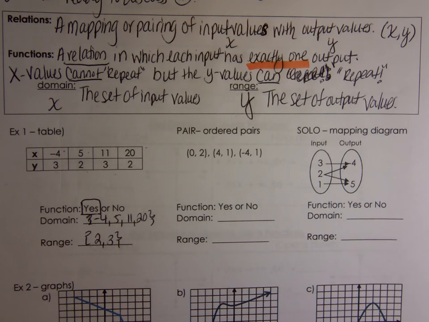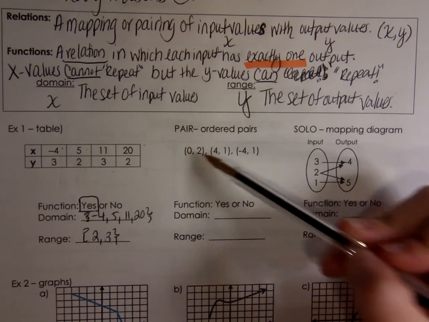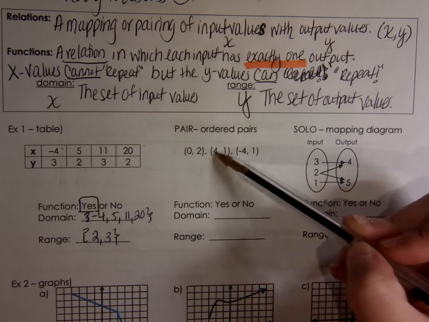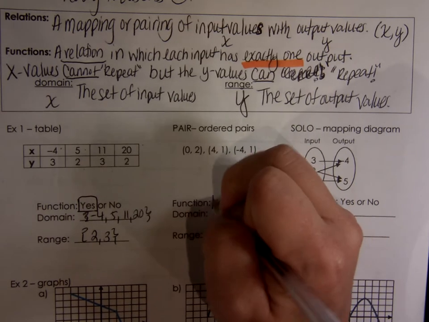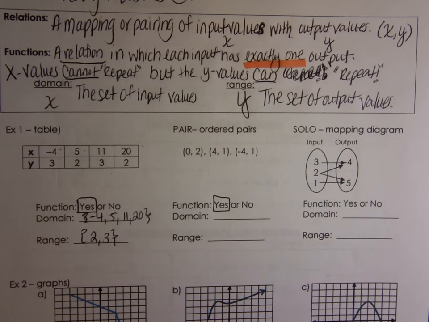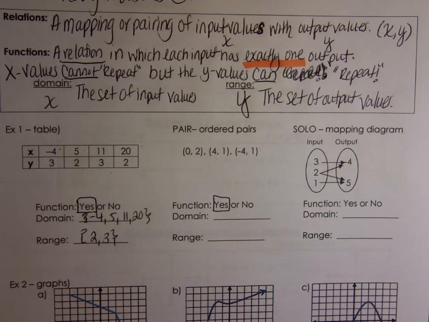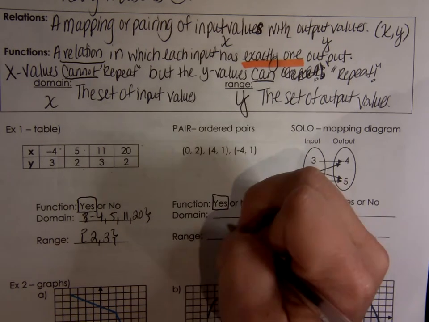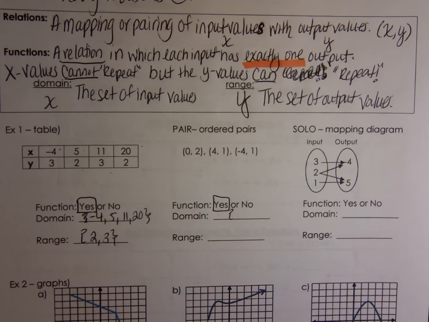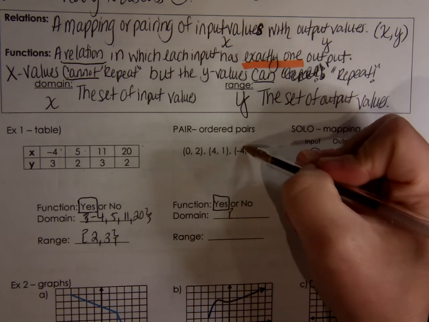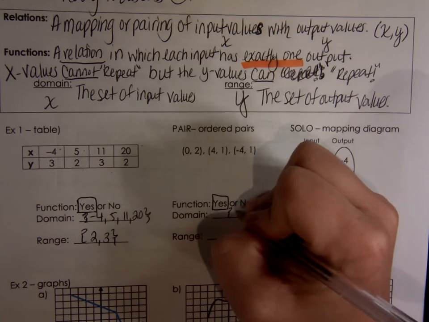For the next one, we have 0, 2, 4, 1, and -4, 1. And once again, our x values do not repeat, so therefore, every input has exactly one output, and yes, this is a function. And once again, because it's not related to an equation or a very specific graph, we would write our domain as a set, and our values going in numerical order, we start with -4, since that's the smallest of our x values.